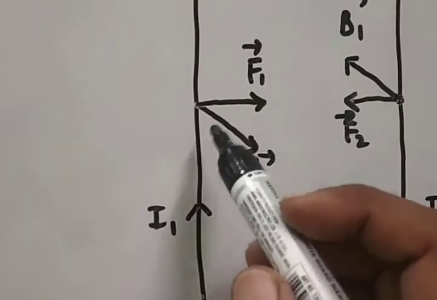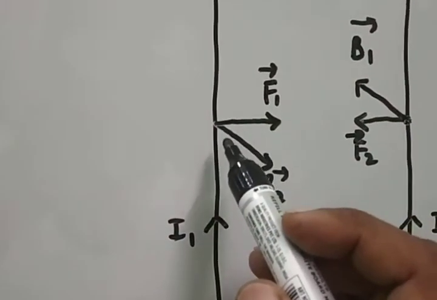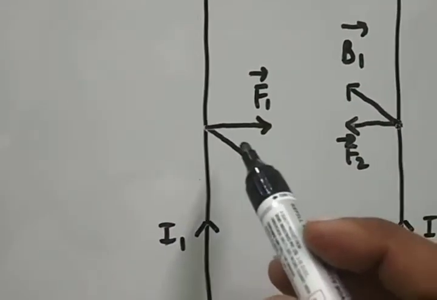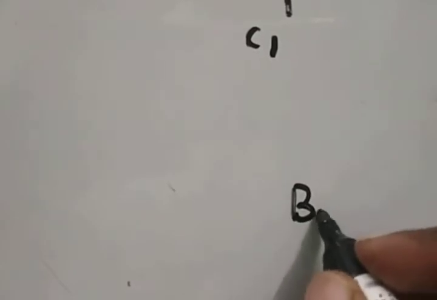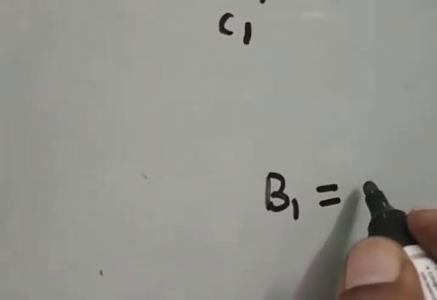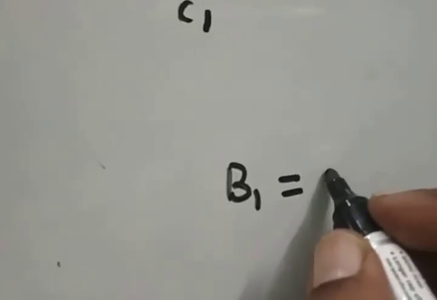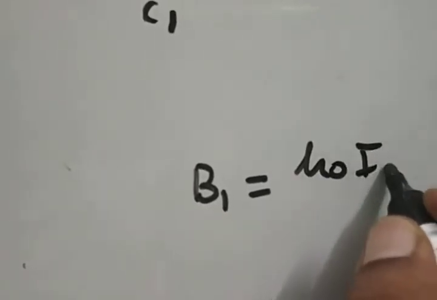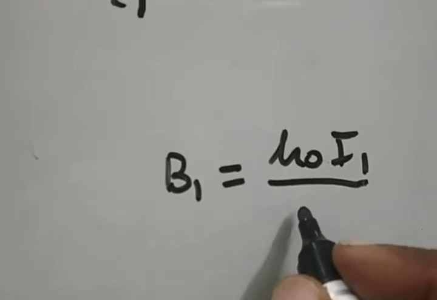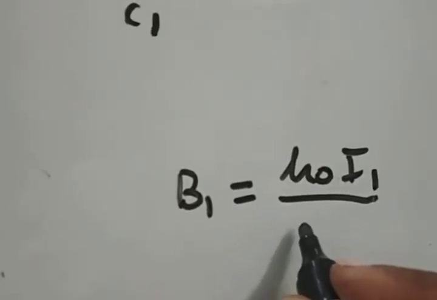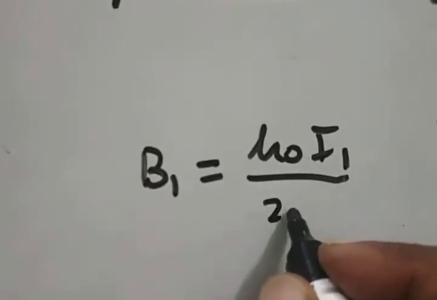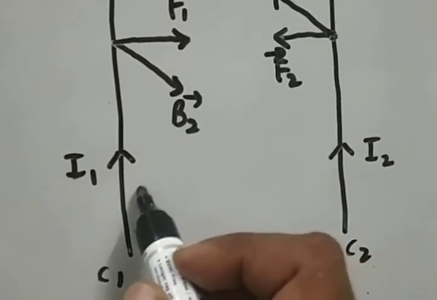Similarly, we can see the force is acting towards right direction. Magnetic field B1 we can write, that is due to C1 D1, mu naught I1 upon 2 pi R. R is the distance between them.